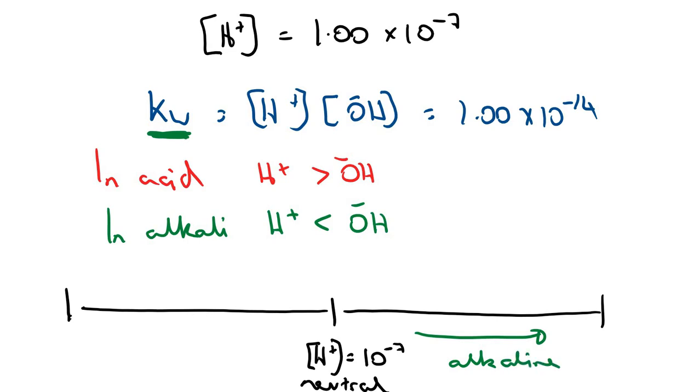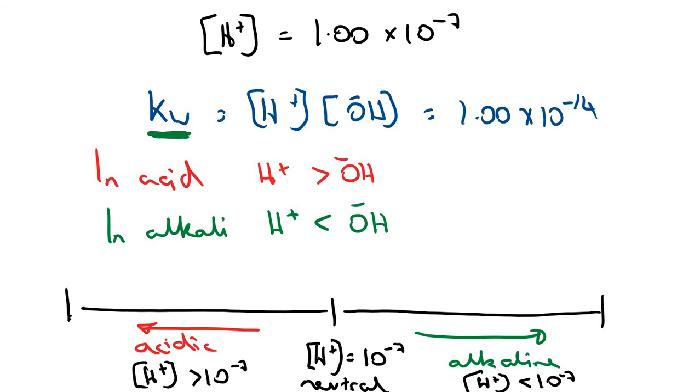So H plus ions will decrease as the OH minus ions are increasing. So H plus here is going to be less than 10 to the minus 7. And on the left hand side we get more acidic solutions, and the concentration of H plus ions is greater than 10 to the minus 7.